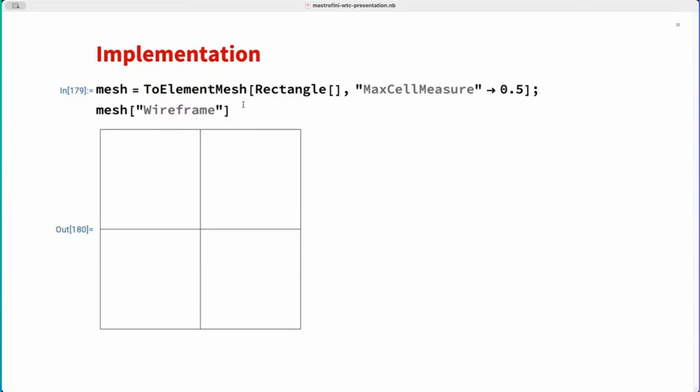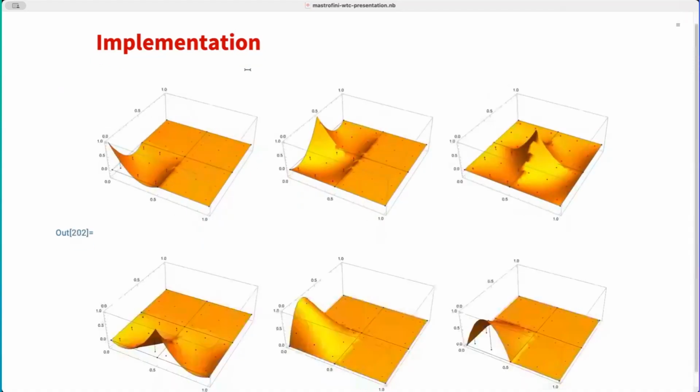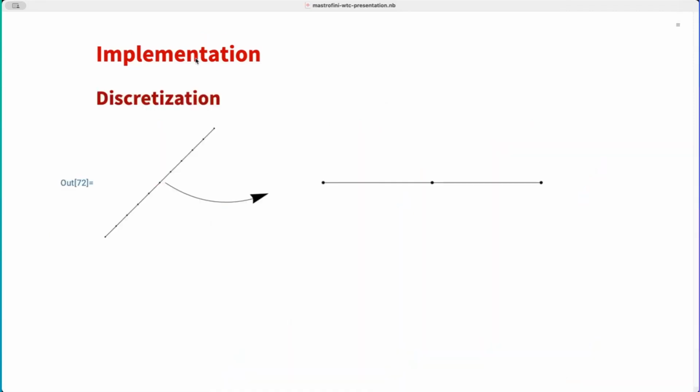Let's take a two-dimensional mesh like that, composed of four squares. We know that the solution can be approximated using particular shape functions like that, and write the solution as a composition of these shape functions and the nodal values of the displacement.